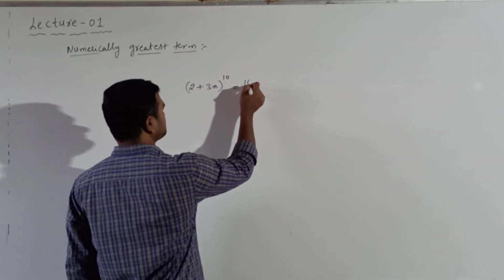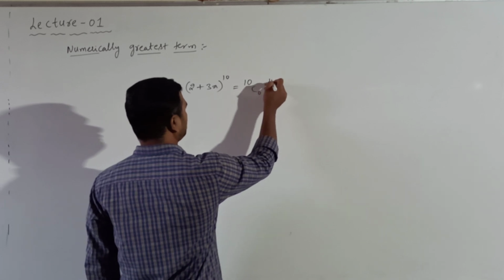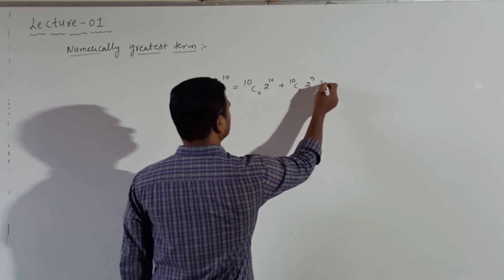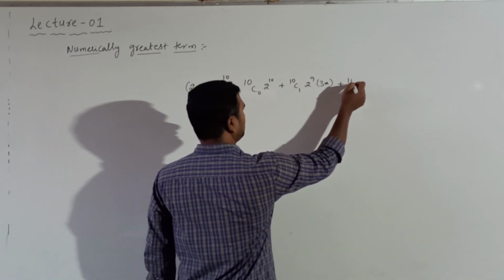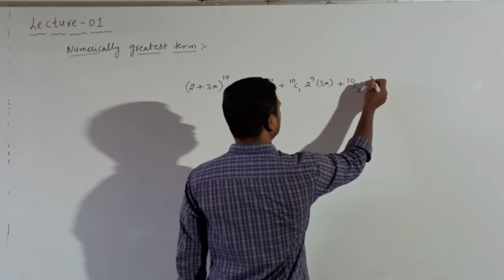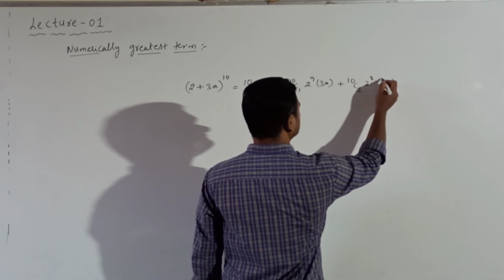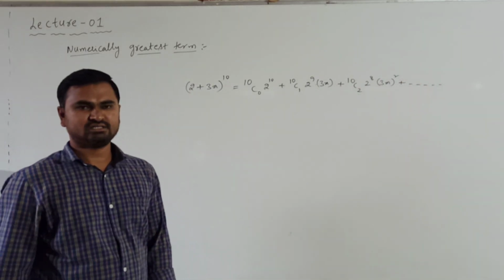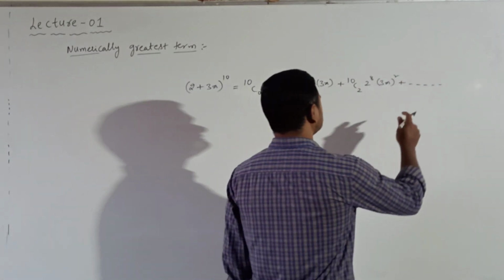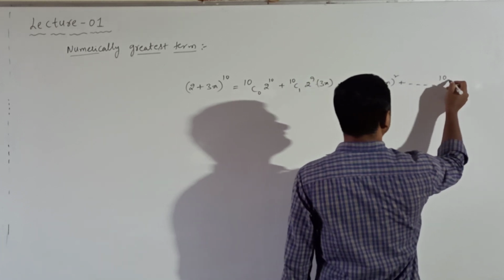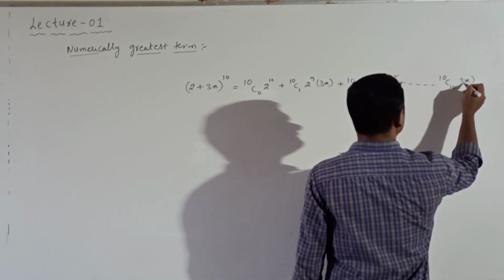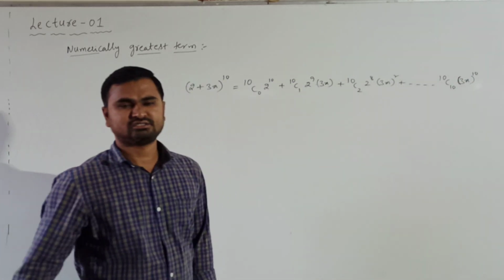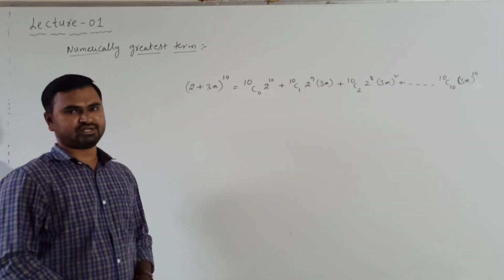We can write it as 10C0 2 power 10, 10C1 2 power 9 into 3x, 10C2 2 power 8 into (3x) whole square, and so on. So these are the expanded terms we are getting. What will be the last term? 10C10 (3x) whole power 10. This is the expansion of (2 plus 3x) whole power 10.